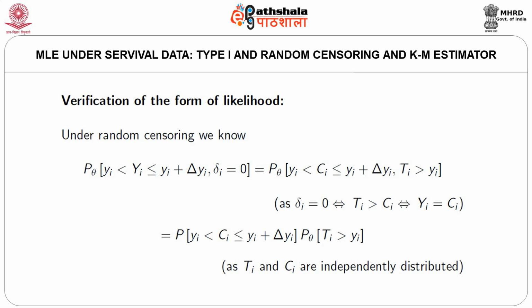Now this probability can be written as the probability that small yi less than Ci less than or equal to yi plus delta yi, times the probability that capital Ti greater than yi, because capital Ti and capital Ci are independently distributed.